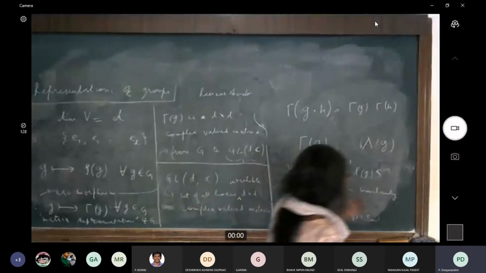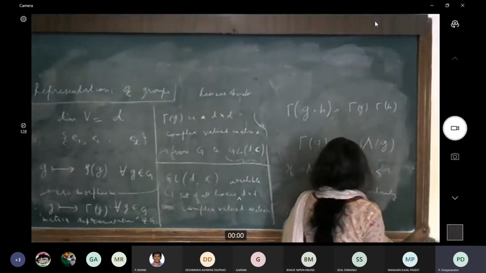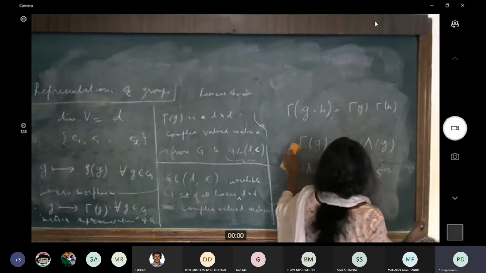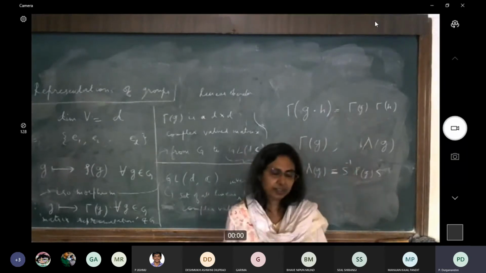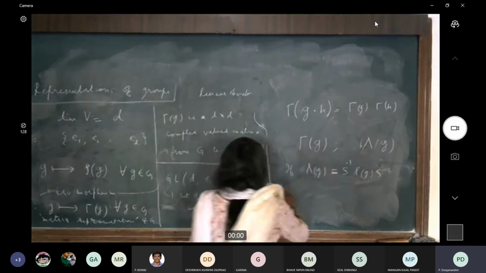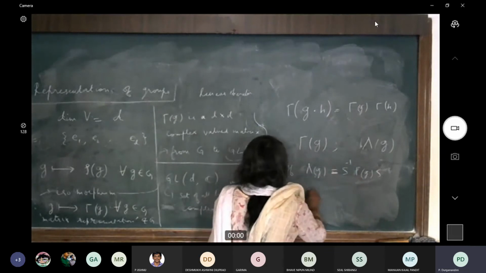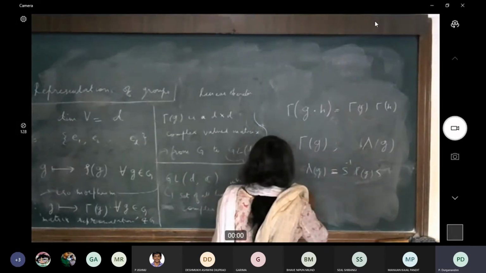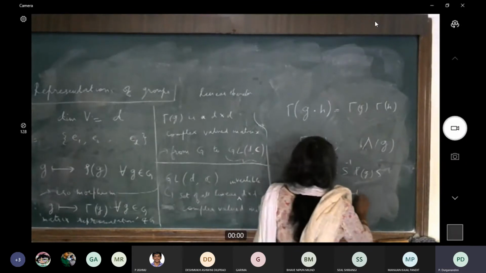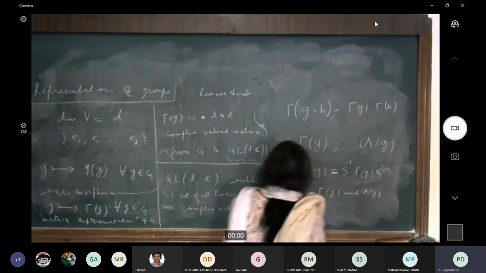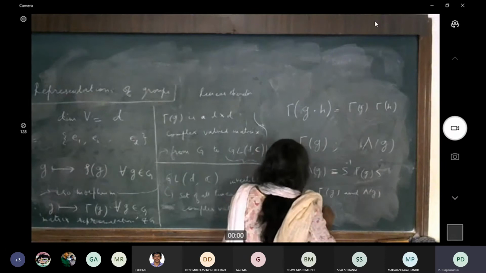Therefore, if two matrices are related by a similarity transformation like this, then they are not different, they are simply equal. They are known as equivalent representations: gamma G and lambda G are equivalent representations.